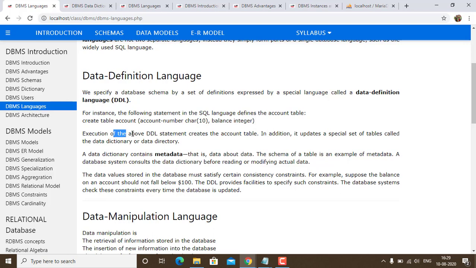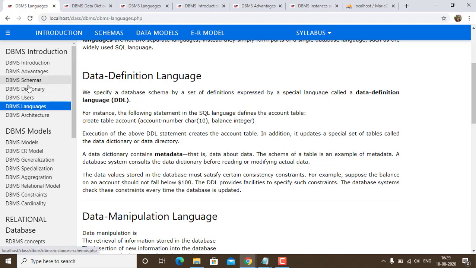Execution of the above DDL statement creates the account table. In addition, it provides a special set of tables called the data dictionary or data directory. A data dictionary contains metadata.